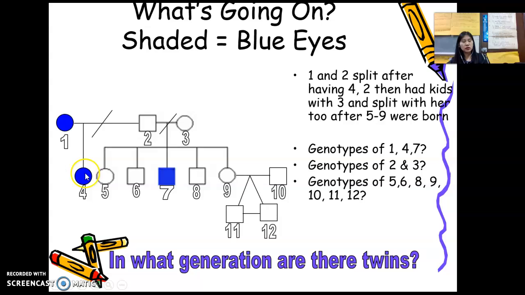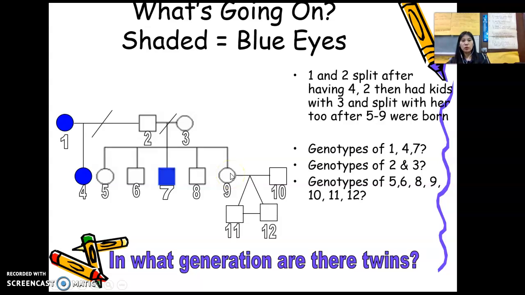It's a girl, a female, but they are divorced or they split up. And then this male married another girl, then had 3 kids. So we have here 4, 5, 7, 8, 9. Right? So they are the kids 1, 2, 3, 4, 5.